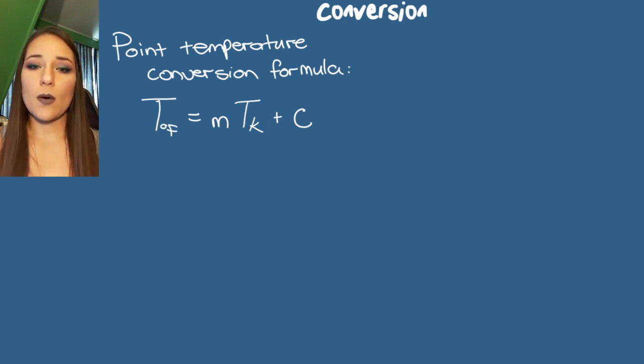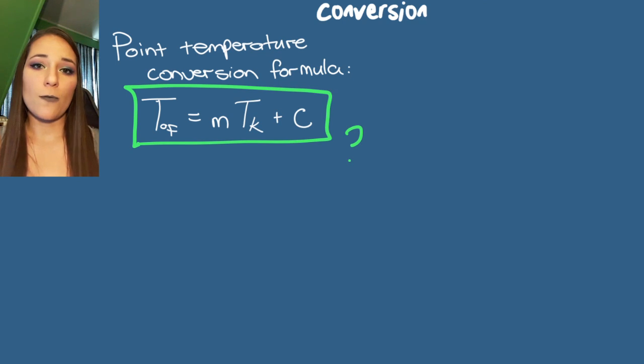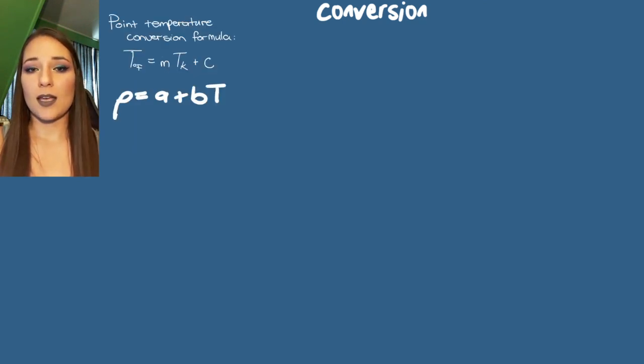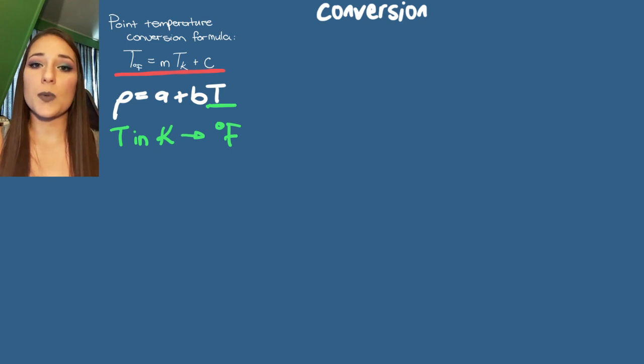So how do we go about deriving or setting up this type of equation for our conversion? So let's go back to our density equation. We want to convert the temperature variable from Kelvin to degrees Fahrenheit. So first of all, we need to derive an equation that describes the relationship between Kelvin and degrees Fahrenheit.